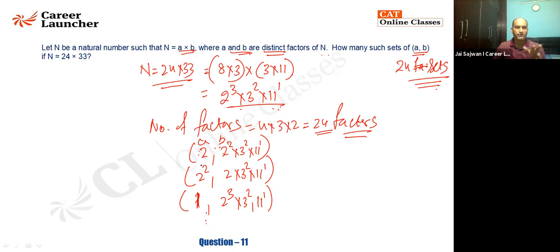I hope it is clear. My dear, you will halve it only whenever the number is a perfect square number. Look here. It is 2 cube, 3 square, 11 to the power 1. How can it be a perfect square number? Dyuti, आपको समझ में आया? Okay, Karen says it is clear. Parul.